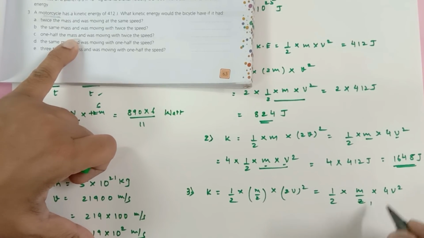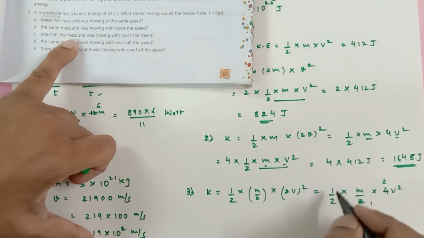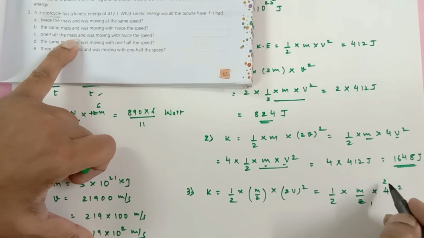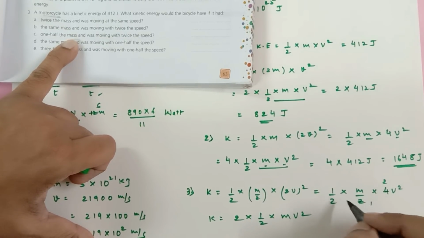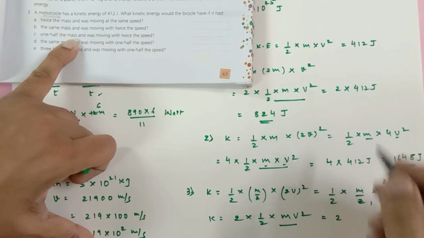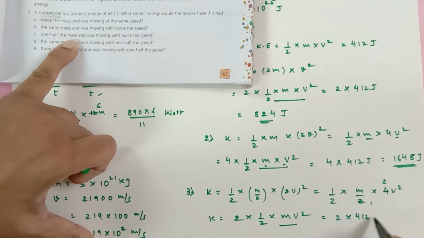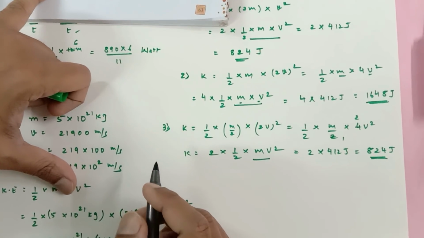Better not to cancel this half, so the 2 again comes in front. So K is equal to 2 into half mv square, and this half mv square is 412 joules. That means the answer is going to be 824 joule. So here also the kinetic energy becomes double.